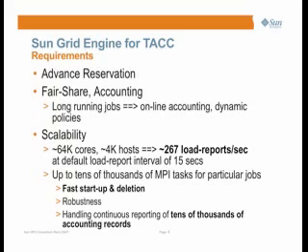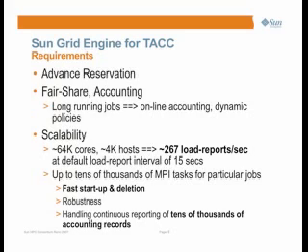Then in terms of scalability, if you just look at the fact that it has 64K cores, about 4K hosts, then with our default load report interval of 15 seconds per host, you will get something like 260 plus load reports per second. That alone is something that needs to be managed.